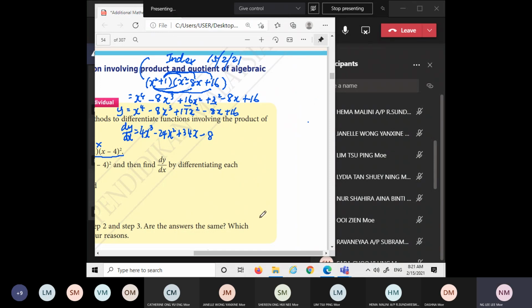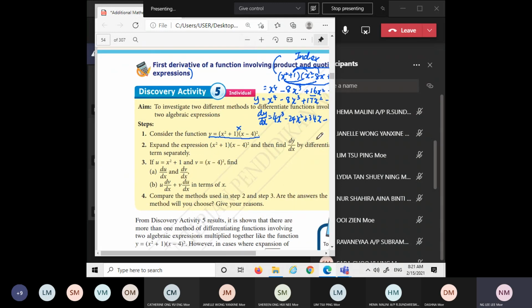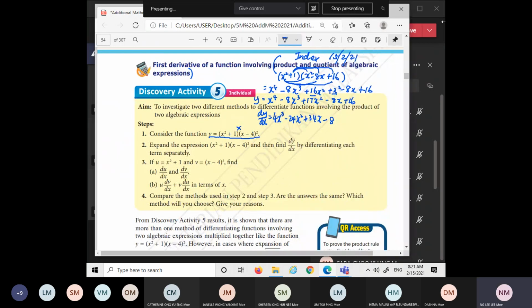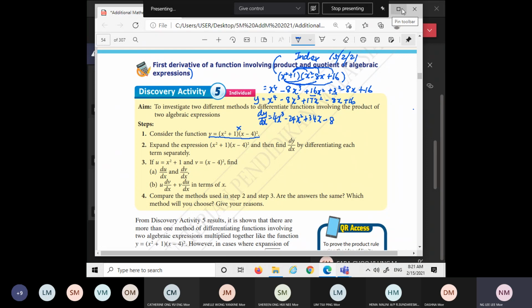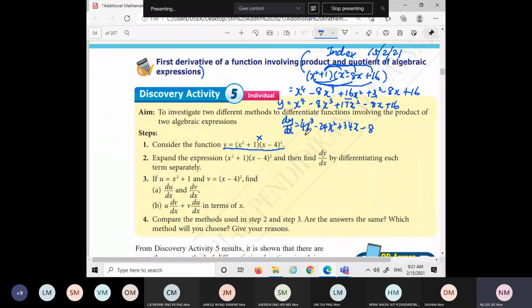Anyone know how to enlarge back this screen? Minus is zoom out. Okay, I know already. Because this one is disturbing. This one how to close it? Okay, can already. Okay, sorry.